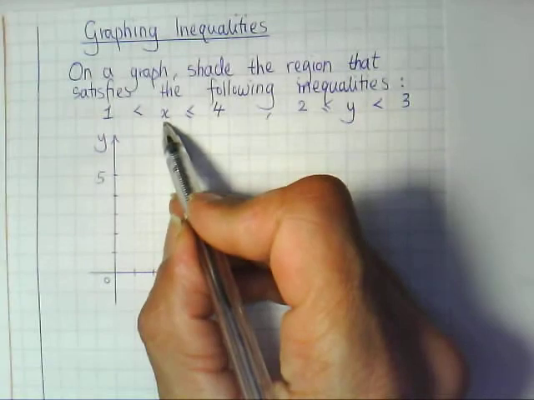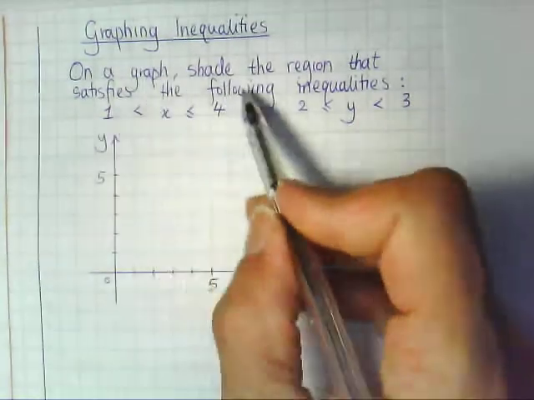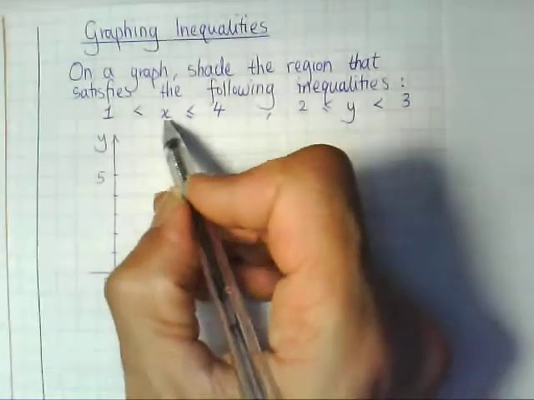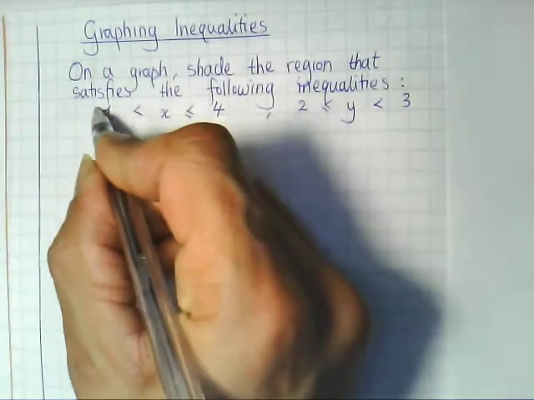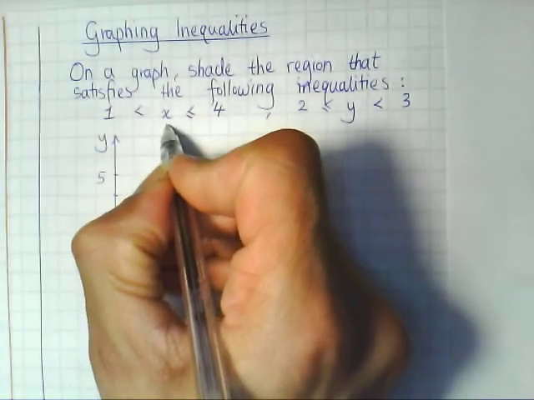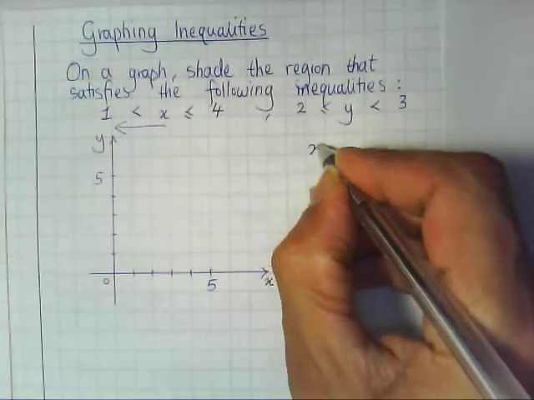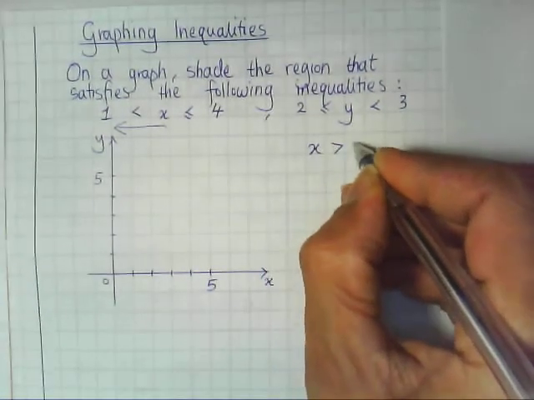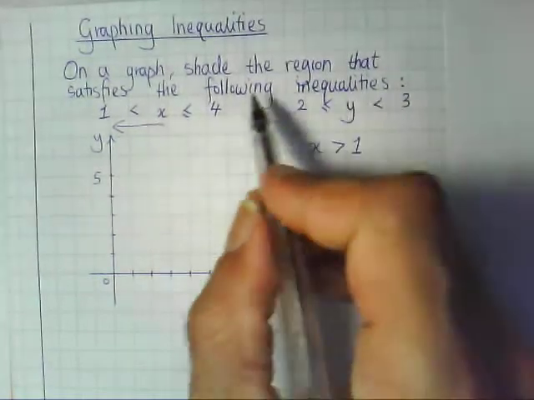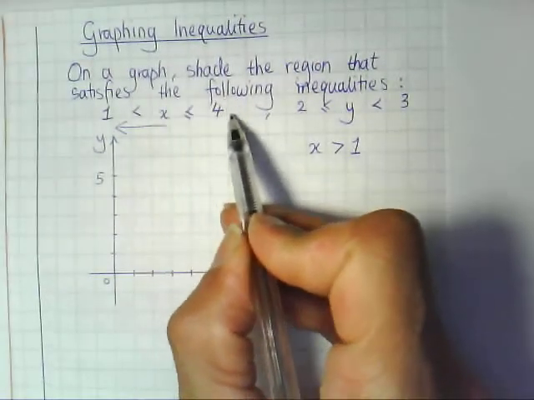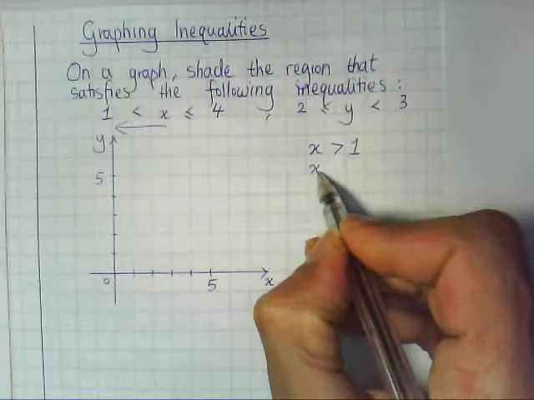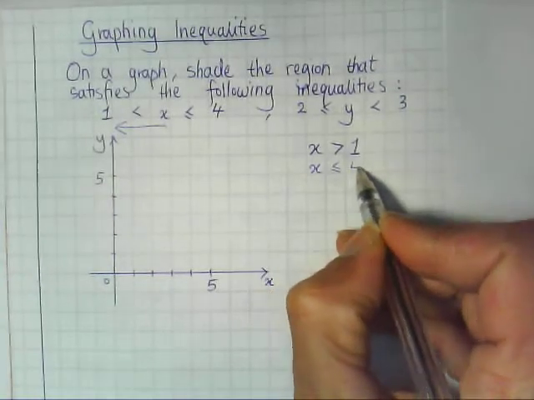So if we look at the x inequality first, reading it that way, that would look like x is greater than 1.